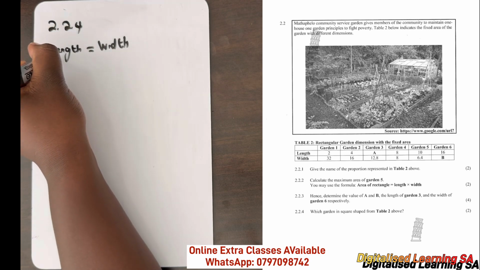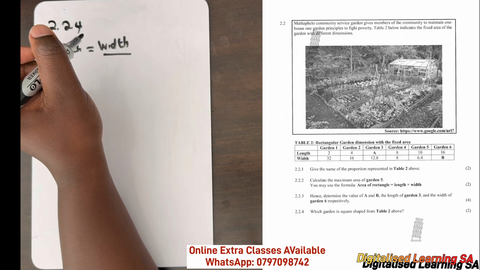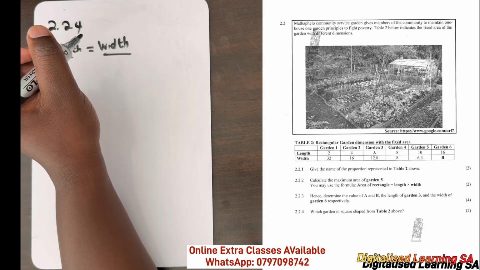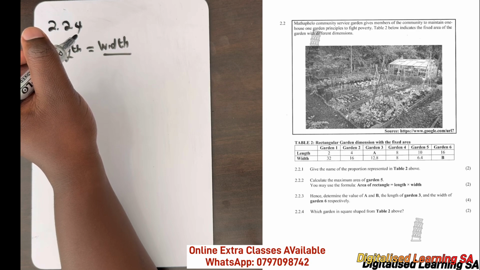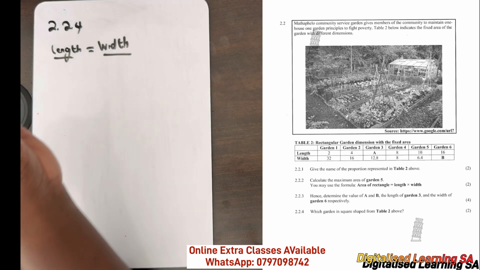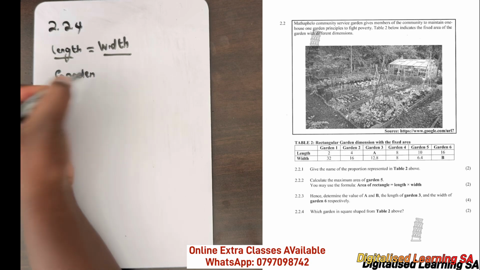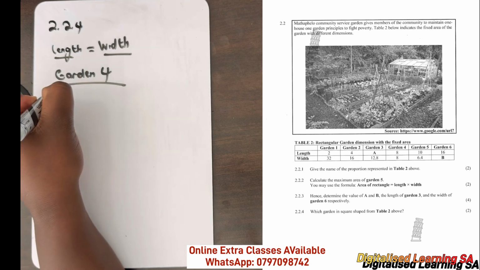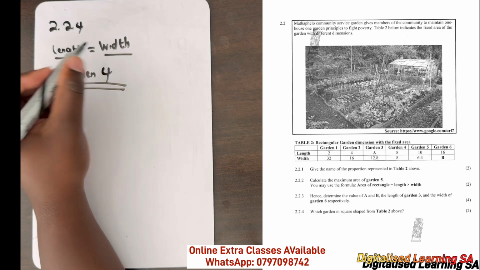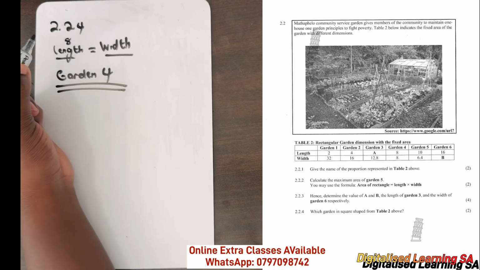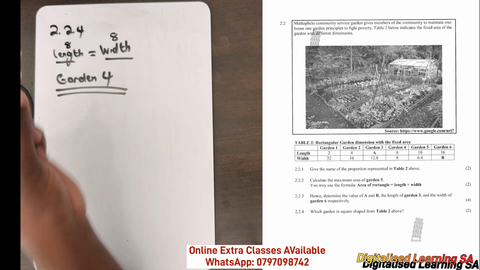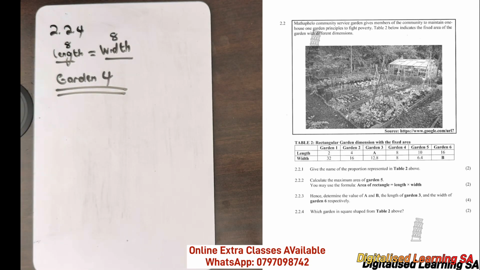If we look at table 2, we can see that the only time where our length was equal to our width was in garden 4, meaning that the answer will be garden 4. Our length was 8 and our width was also 8, meaning that this will be a square shape and the answer will be garden 4.